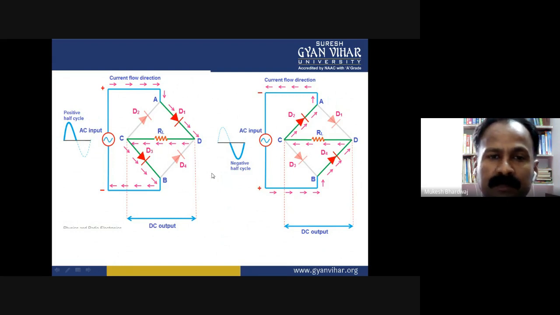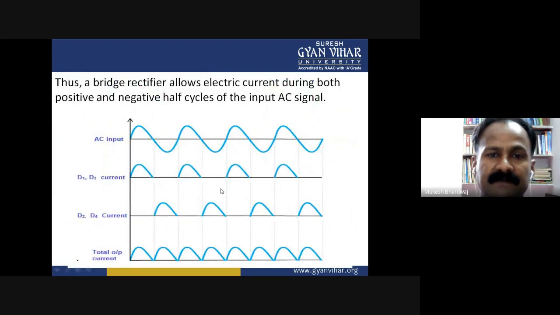So you need to keep in mind how you are going to arrange the diodes. Thus, a bridge rectifier allows electric current during both positive and negative half cycles of the input AC signal.